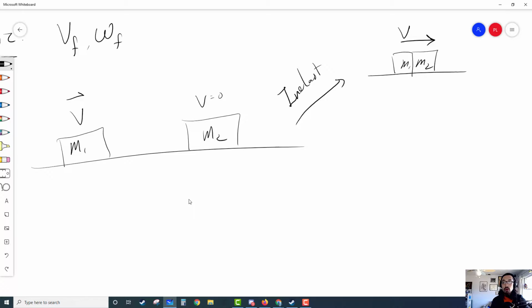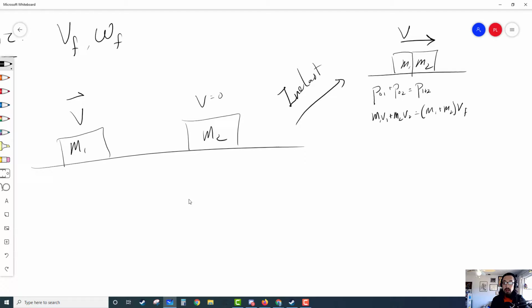If we are creating an equation for this, we would say the initial momentum of 1 plus the initial momentum of 2 is equal to the final momentum of both objects. m1 v1 plus m2 v2 is equal to (m1 plus m2) v final.